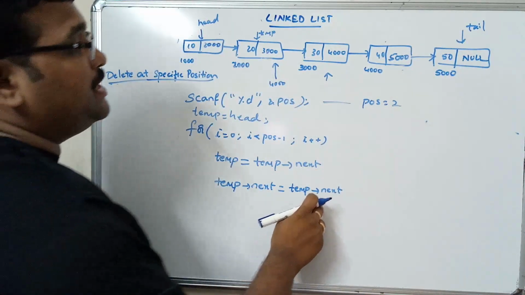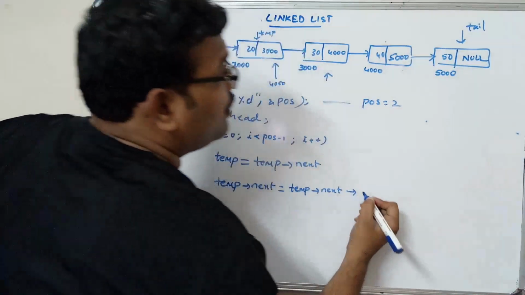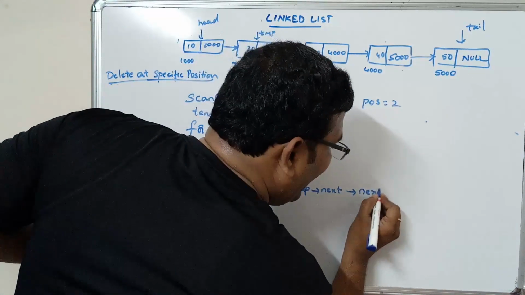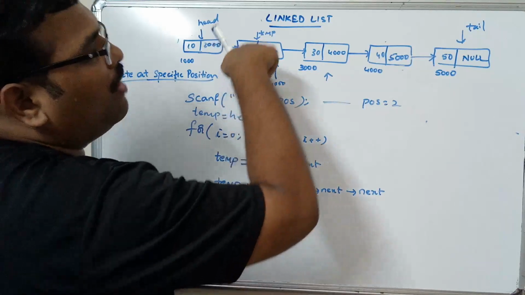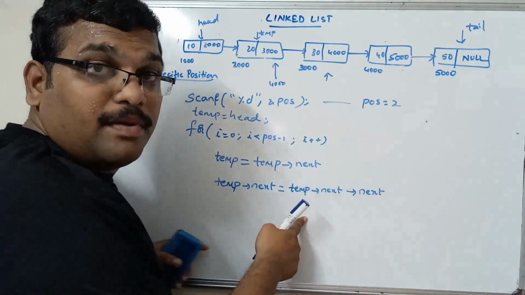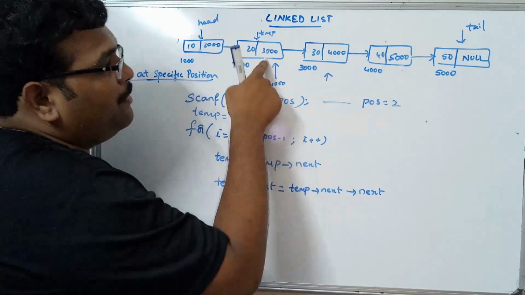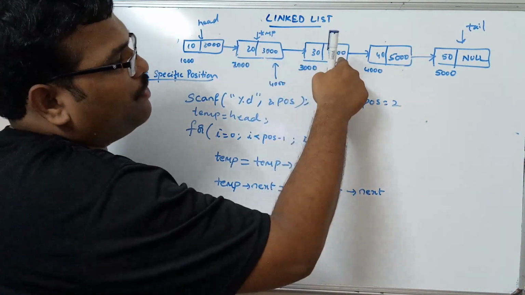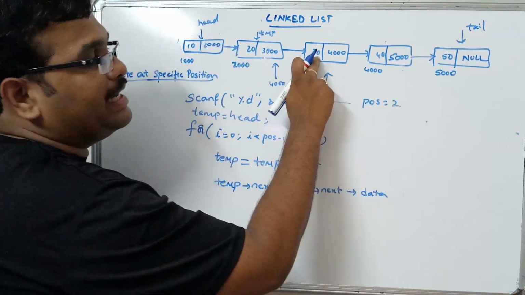Temp of next means 3000, and temp of next of next means temp of next 3000, of next 4000, right? So this is a referential pointer. Temp of next means 3000 of next, that means at the position of 3000 what is the address? 4000. Here if you put data, automatically we can get 30.